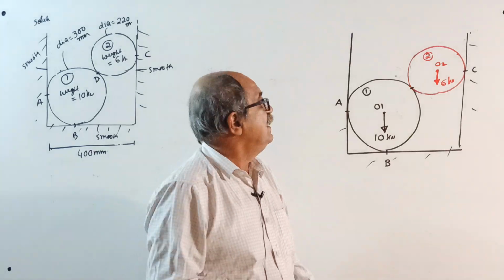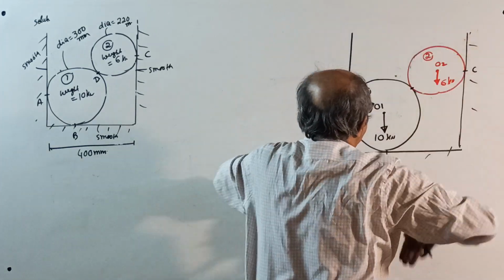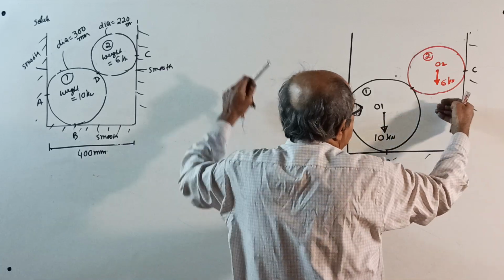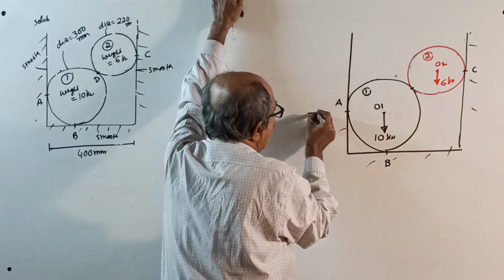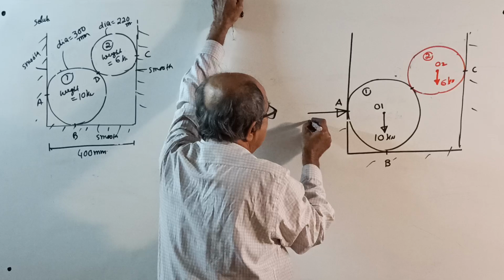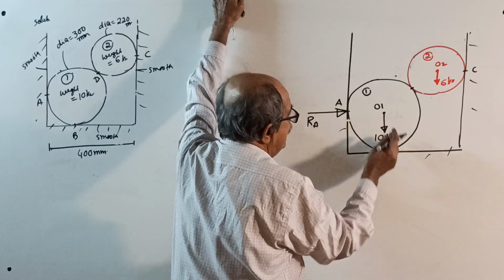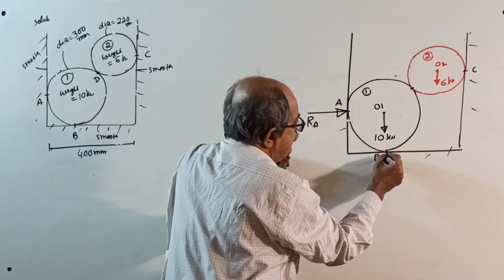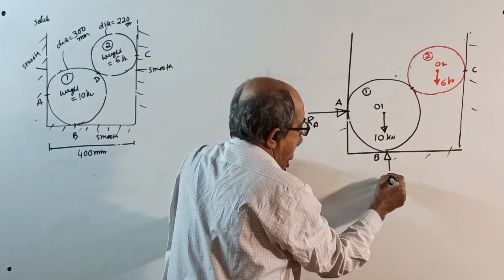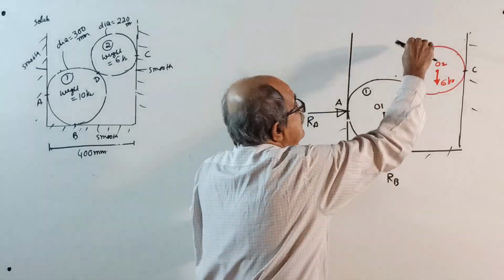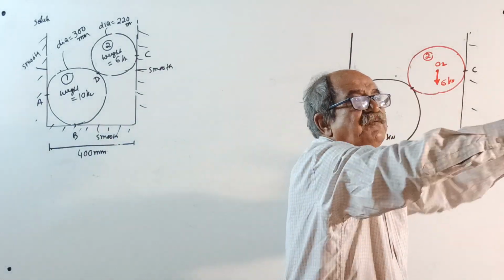Very thoroughly explained. When you apply all these loads, this cylinder will try to move this side. So there is a normal reaction here, no friction, reaction RA. And this contact point is B. Since it is coming down here, there is a normal reaction here, RB. Now, this cylinder will press that surface.